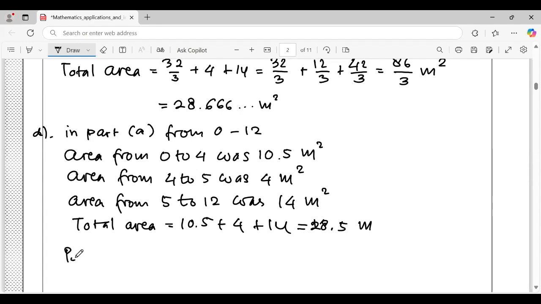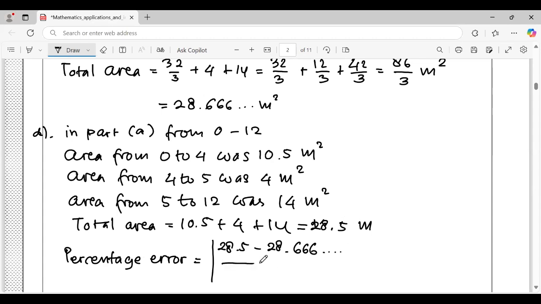Next, the percentage error, we can determine the modulus of 28.5 minus 28.666. This number just now we calculate.